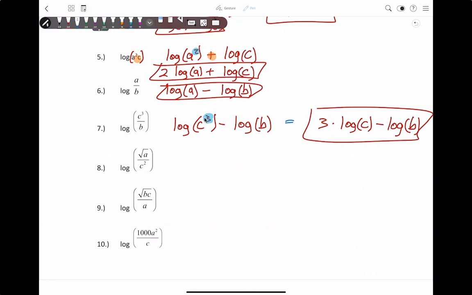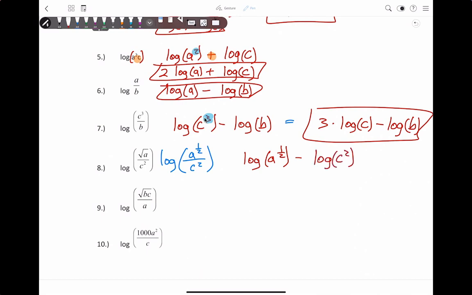Okay, here we go. So I can break it up with the division as I've been doing first. Or if you want to rewrite this, you could. You could rewrite it as a to the 1/2 over c squared and then log. But either way, you're going to get to the same place because you're going to break it up into 2, log of a to the 1/2, and then subtracting log of c squared.